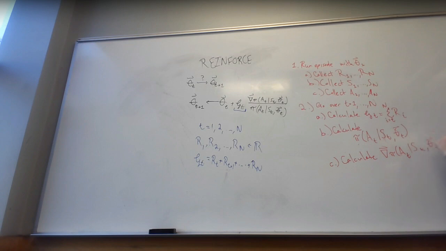So what this is, you have a neural network, and these are the outputs, and you have a bunch of inputs, which is your state. This is ST, and this is the pi, and we'll just call this AT given ST. So for time 1, we'll just look at time 1.